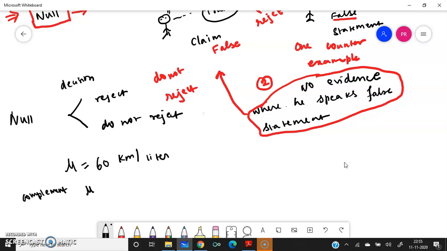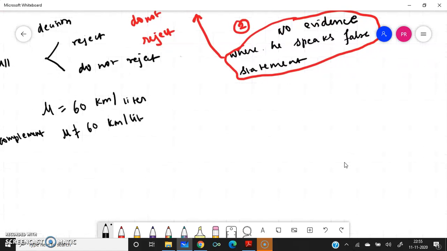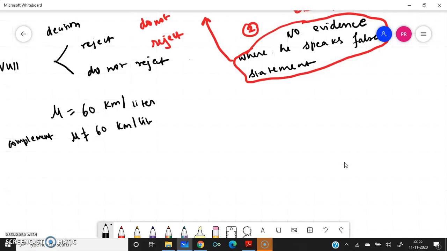The complement is mu is not equal to 60 kilometers per liter. So we are writing two statements, P and Q, known as propositions. Their truth value is to be tested. So mu equal to 60, and its complement is mu not equal to 60 kilometers per liter.